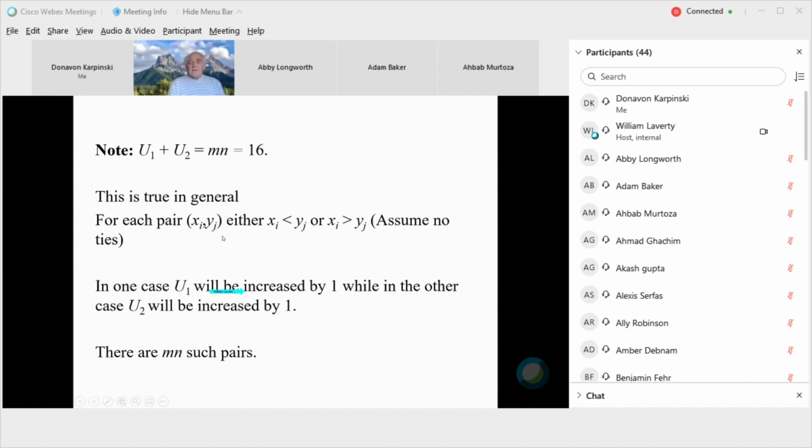For each pair, one observation taken from sample 1, the other from sample 2, either one is below the other. In the first case, U1 will be increased by 1. In the second case, U2 will be increased by 1. And then there's a total of m times n such pairs.